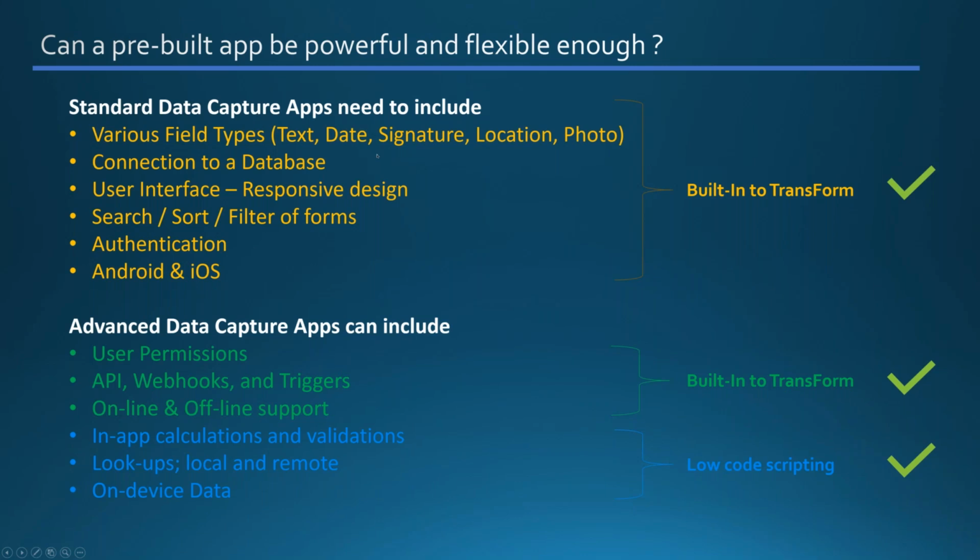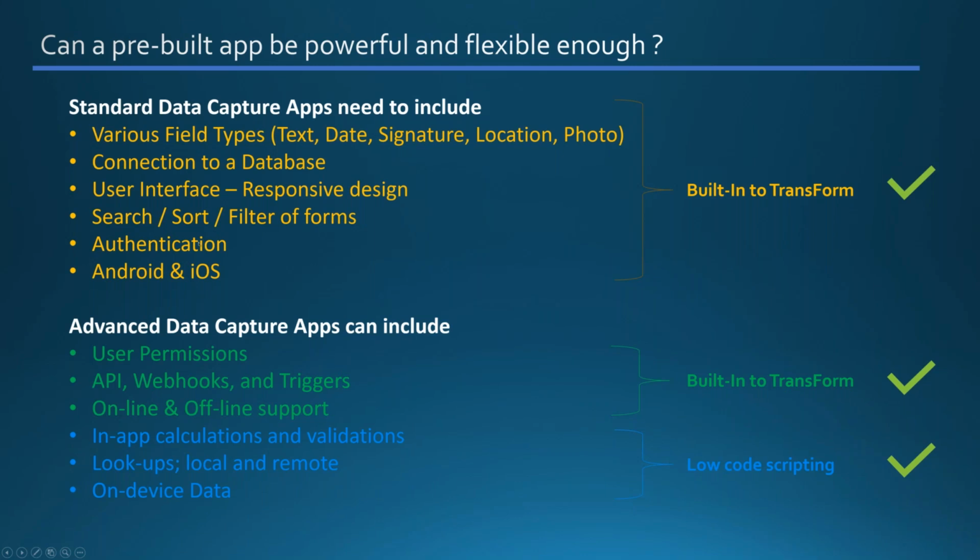So you'd have multiple field types, so a rich set of data types to capture. You'd have obviously connection to databases, stored data that you're capturing. You'd have a responsive design, so you can make it work on smartphones and tablets and turn them landscape and portrait. It would still continue to work. You should be able to search and sort through the forms that you are filling in.